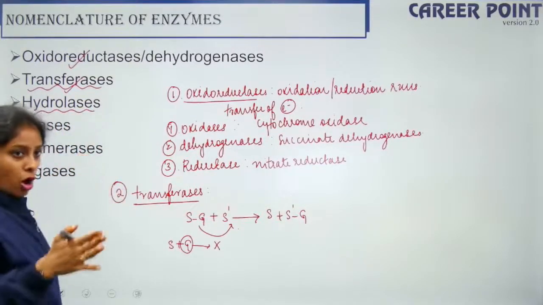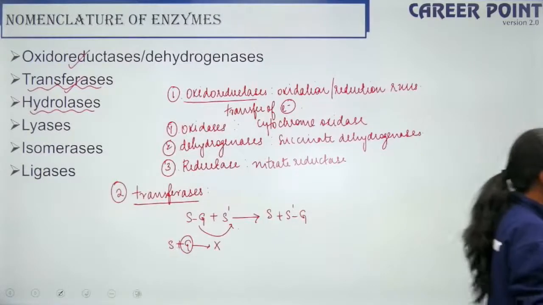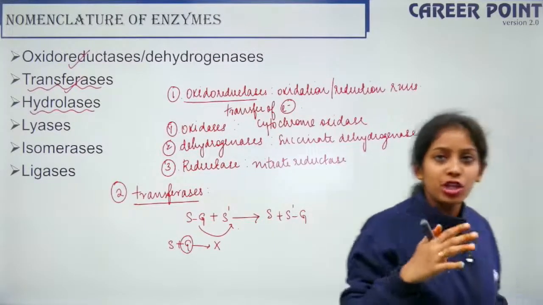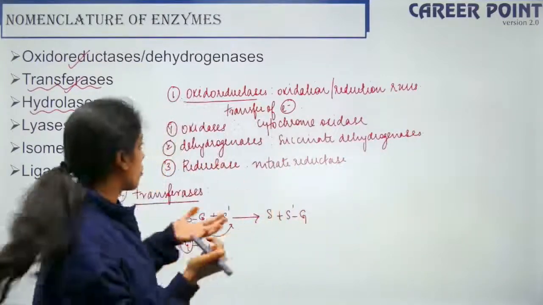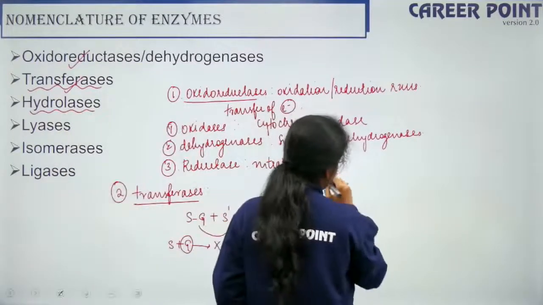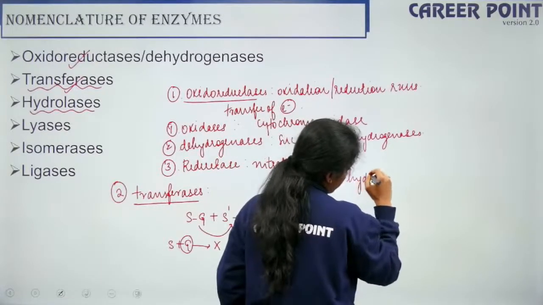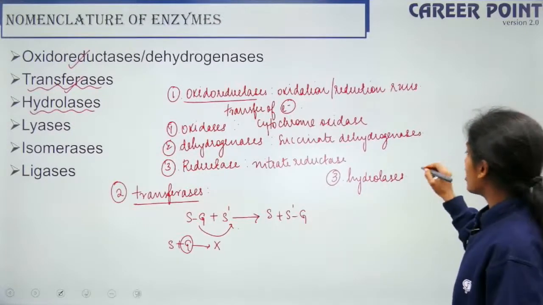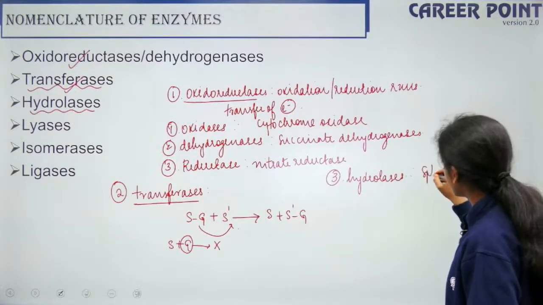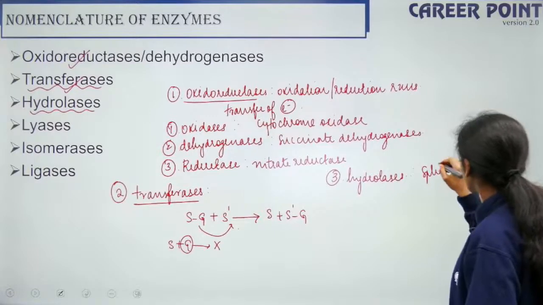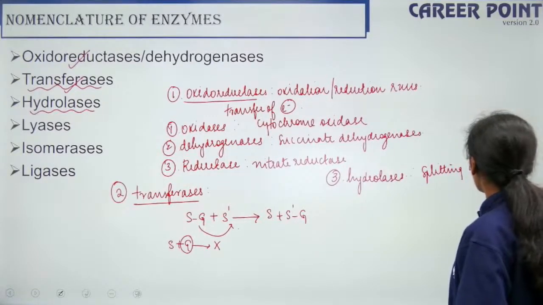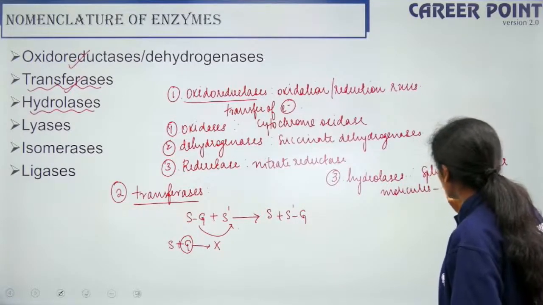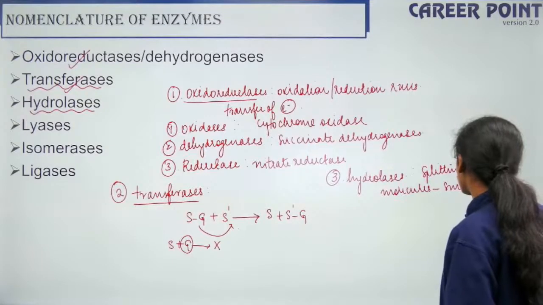The next one is hydrolases. It breaks the bonds. It catalyzes the splitting of larger molecules to form smaller ones. So I will write here hydrolases. These hydrolases catalyze the splitting of larger molecules to smaller ones.